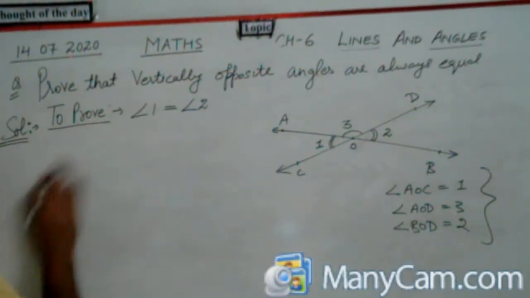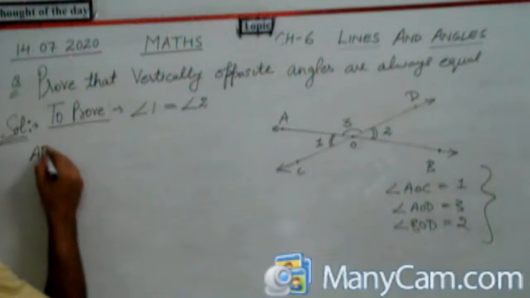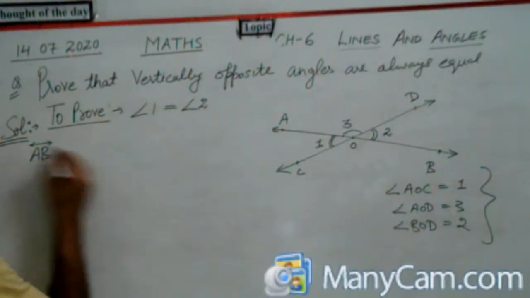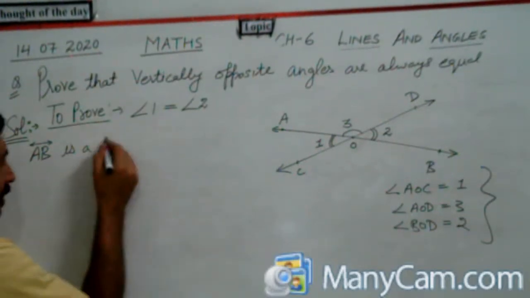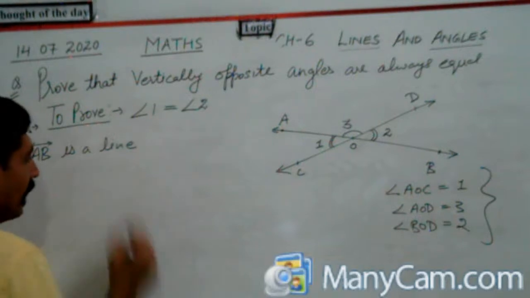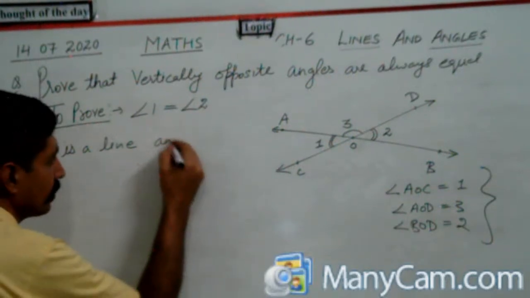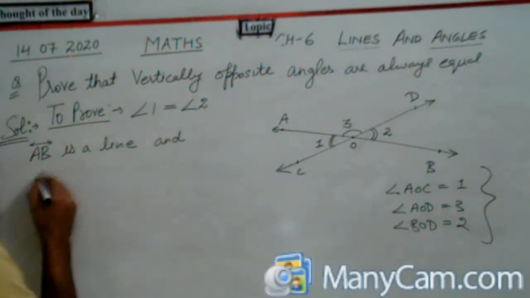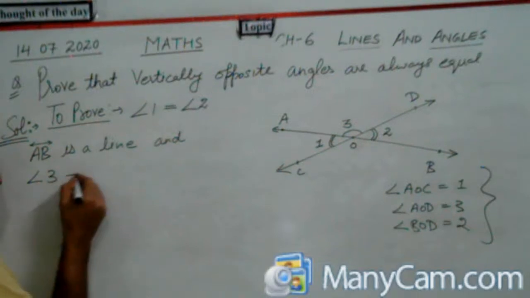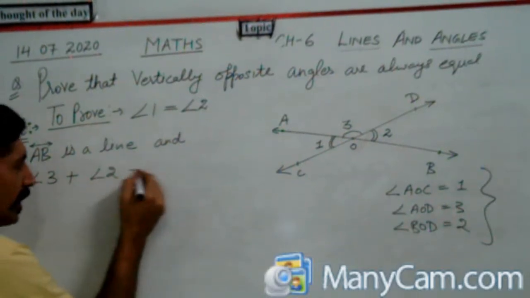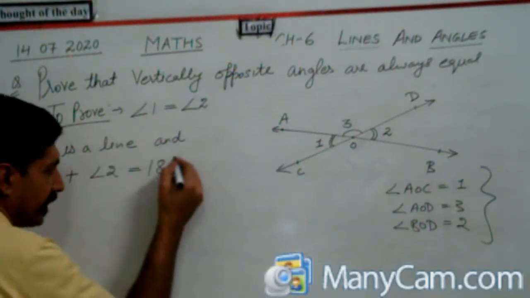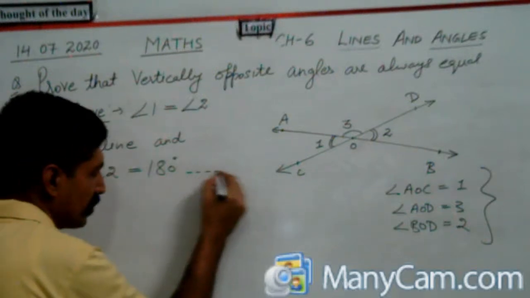Here I will start. AB is a line, and angle 3 plus angle 2 is equal to 180 degrees, and we will name it as equation number 1.